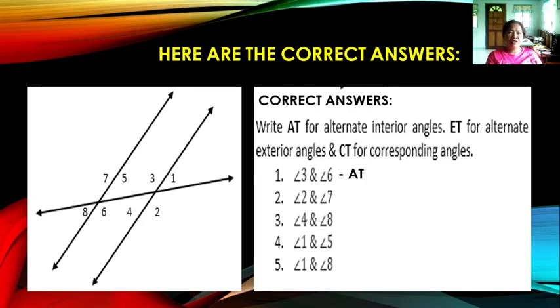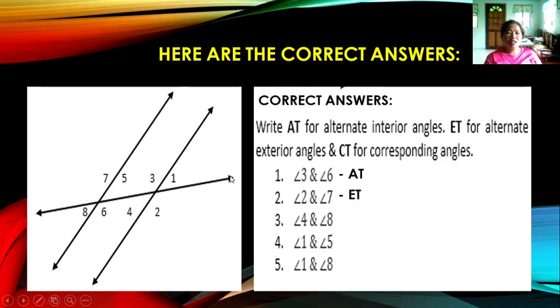How would you relate the two angles? Angle 2 and angle 7 are alternate exterior angles because they are located outside, away from the transversal line. This is the transversal line here.